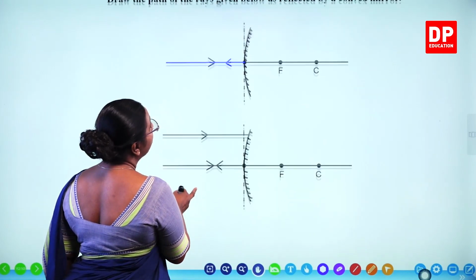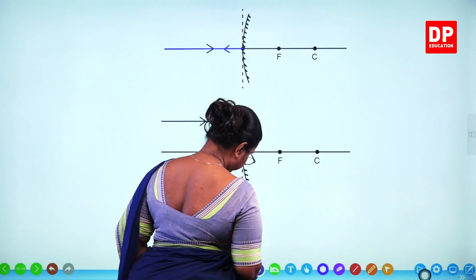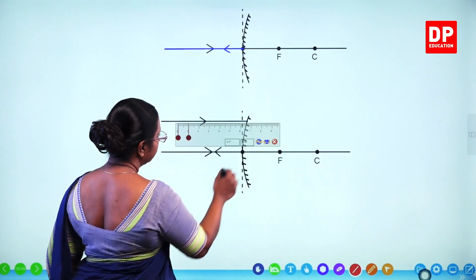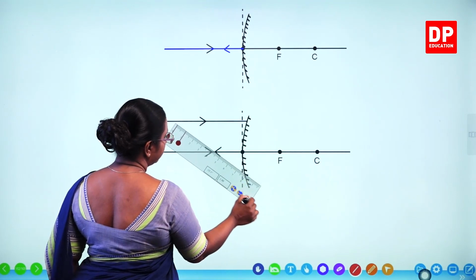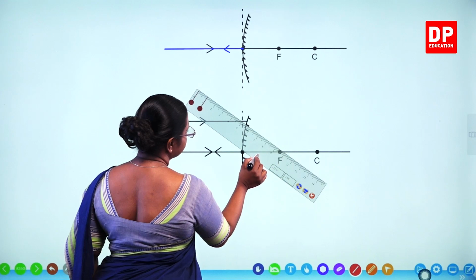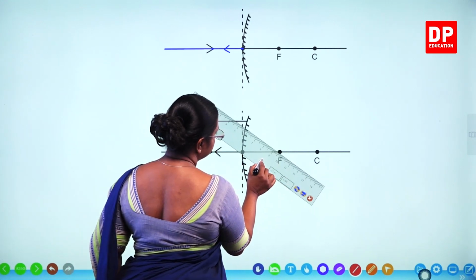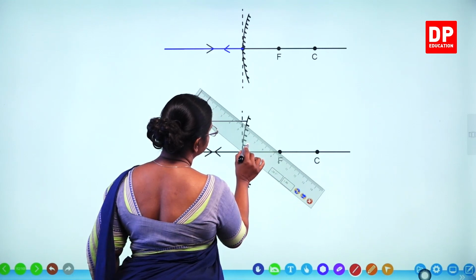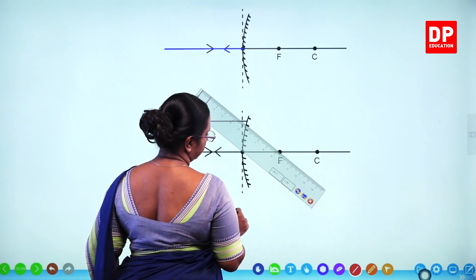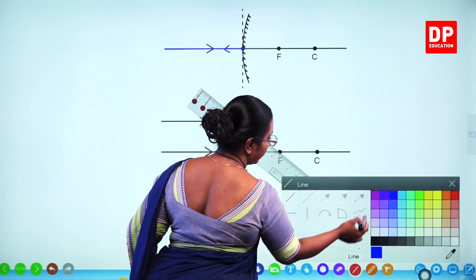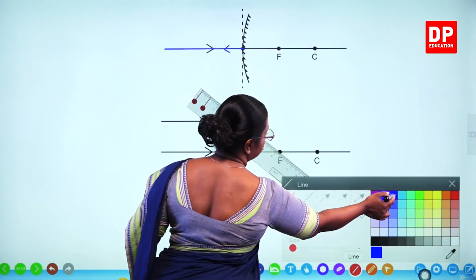So to do that, I will need the ruler as well. So here we have the ruler. So it will diverge in such a way, so here this is the ray that is going to diverge.